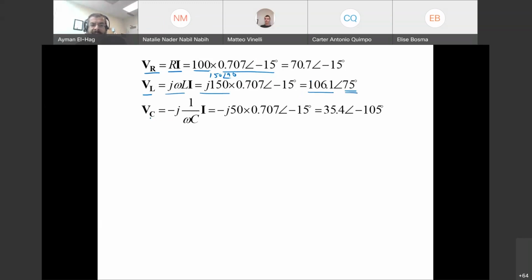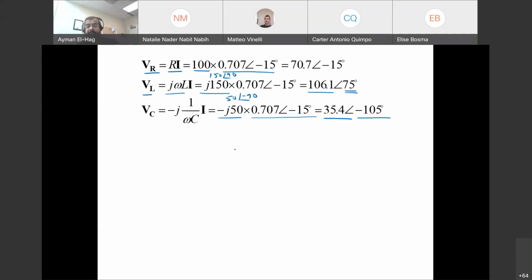Come here for VC, it is minus J1 over omega C, which is minus J50 times the current. This is nothing but 50 angle of minus 90. So the 50 times the 0.707, we get this. And then we have the minus 90 minus 15, which is equal to minus 105. Now we are set to find what?